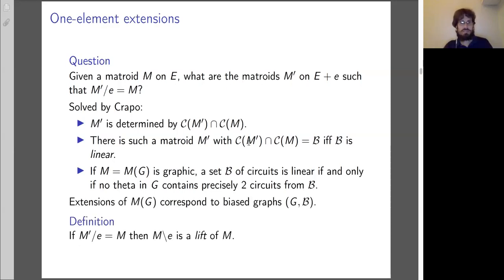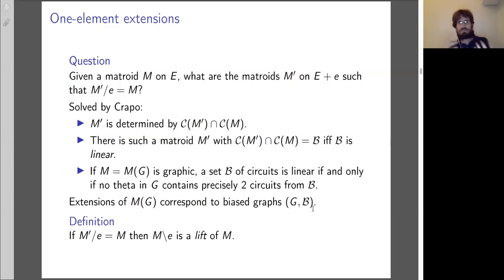So what does that mean? That means that the one-element extensions of the matroid for a given graph G correspond exactly to the biased graph structures on G.